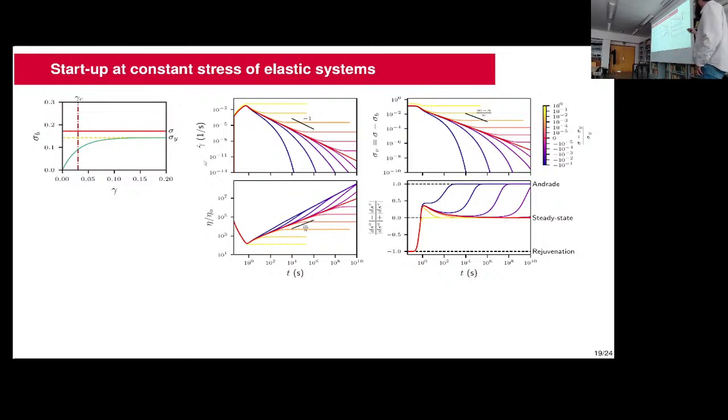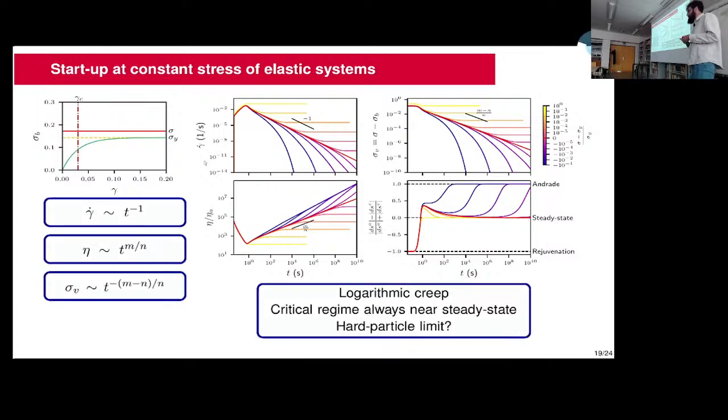And in this case, contrary to what we had with the stress step procedure, we are not in Andrade creep for the critical loading, but we are really near a steady state. So we always have a balance between the contribution of the cage escape and the heterogeneous dynamics. It's really dominated by the particle deformation that we have logarithmic creep.